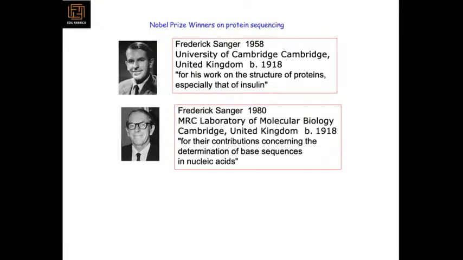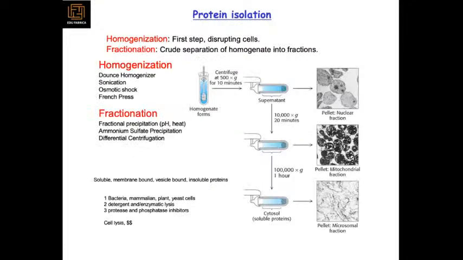Then comes the famous Frederick Sanger, from 1958, from the University of Cambridge, for his work on protein sequencing. So these were the famous people who played quite an important role in the field of protein biochemistry.